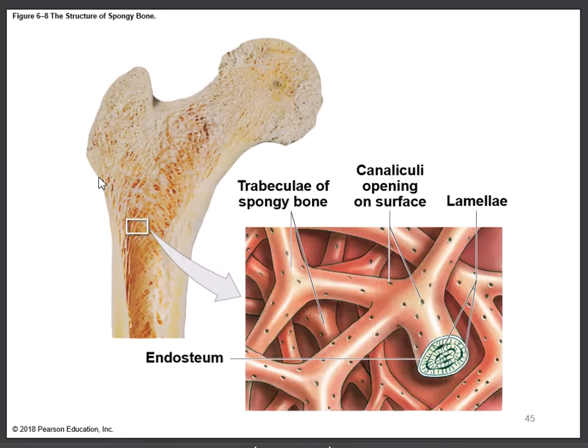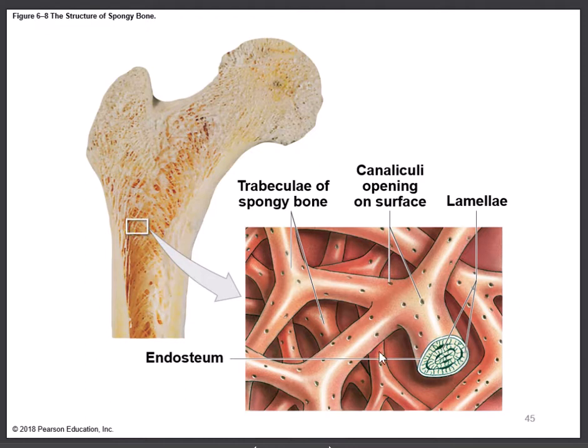So if you take a look over here, we have the femur bone, we've looked at this picture before. This is a frontal section where they take a piece of the spongy bone and they magnify it so we can see it. So all of these struts of bone here, these are the trabeculae.